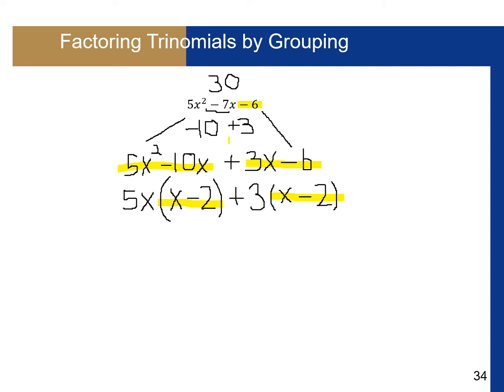I go here and I take my parentheses and I have my 5x plus 3 in one set of parentheses. And my second set of parentheses, I have x minus 2. And there it is.